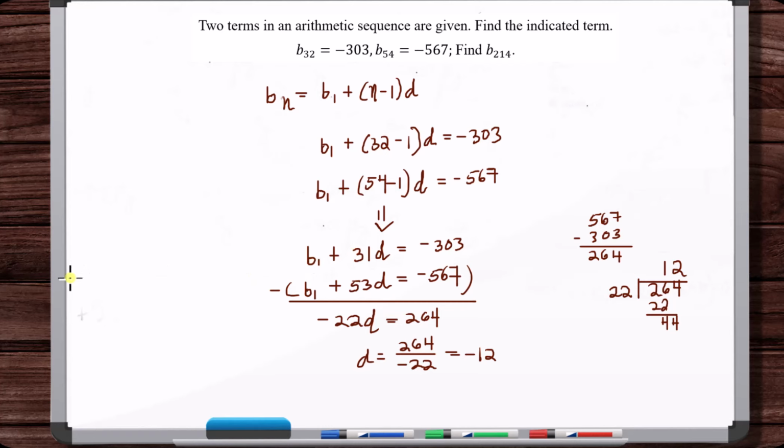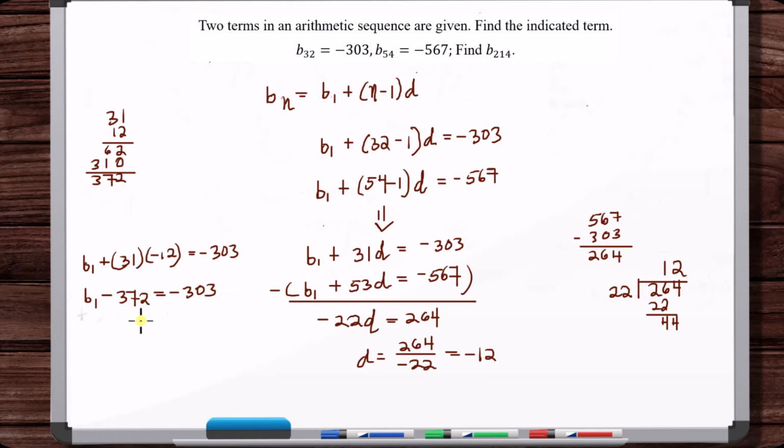So b1 plus 31 times minus 12. Okay. Minus 372 is minus 303.